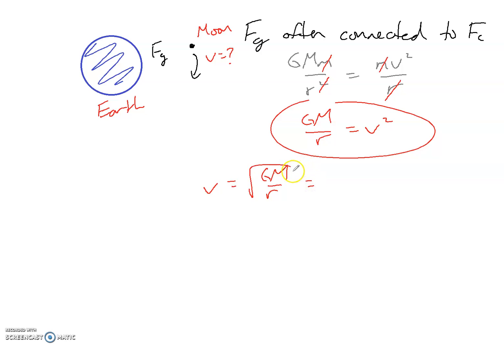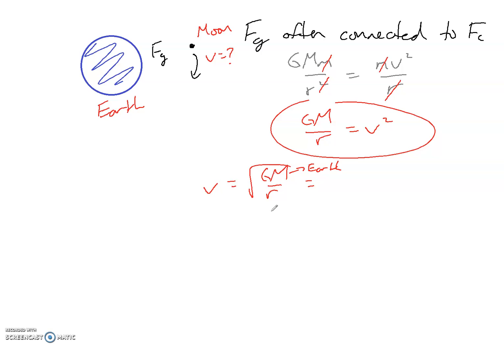And this mass would be the Earth mass, because the mass of the moon canceled out. So we have the G, that's 6.67 times 10 to the negative 11. Mass of the Earth is from your table of values. The distance between the Earth and the moon is also in your table of values. Put them together, square root it. Don't forget the square root.